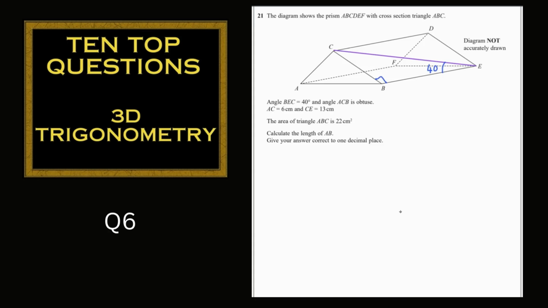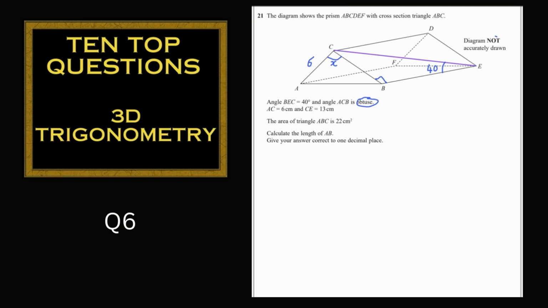A to C to B is obtuse. So this is important. Let's call it an X, and let's remind ourselves it's obtuse. A to C is 6. On it goes. Very tempting to put CB as 6. No, you're not told it's isosceles or anything like that.